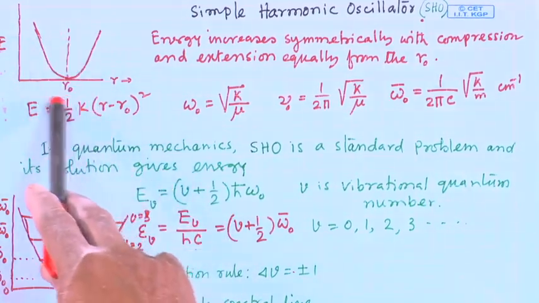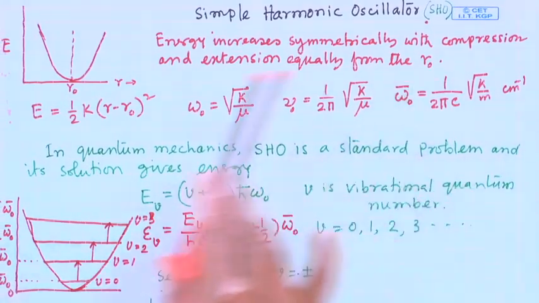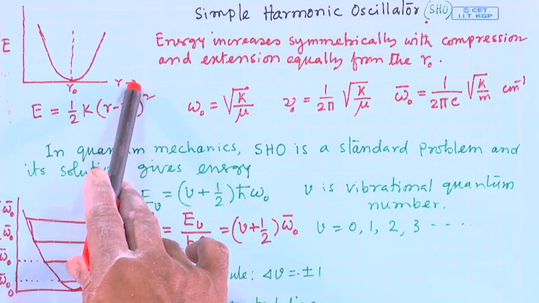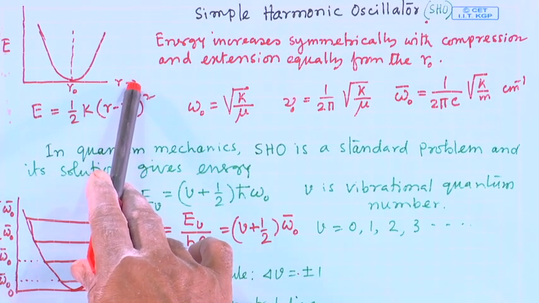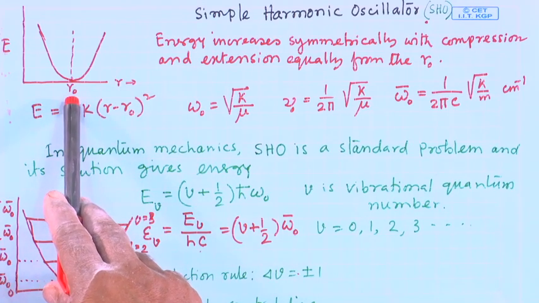This is the energy, and this is the distance between two atoms of the molecule. R0 is the equilibrium distance or bond length.